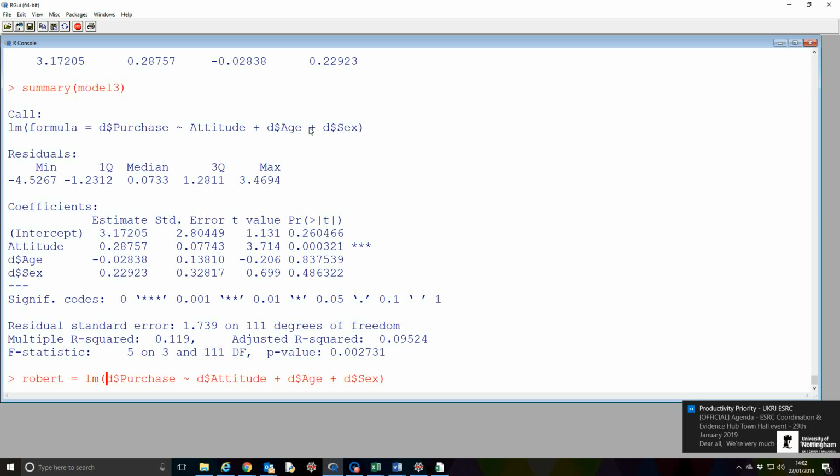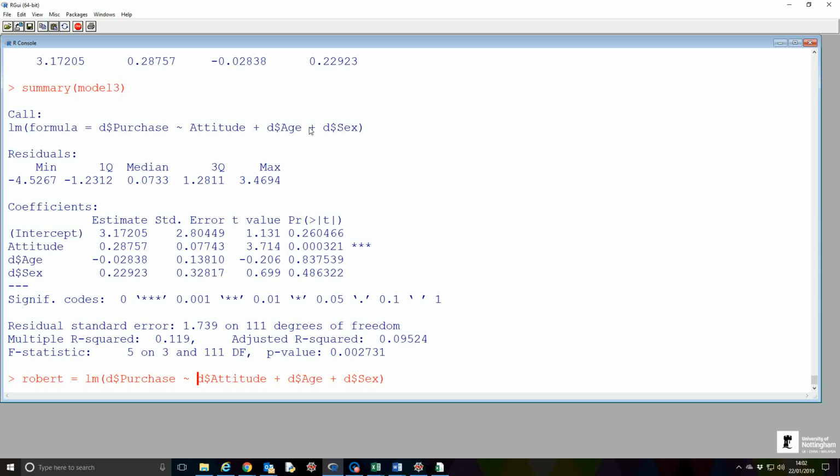What we're saying here is we want the variable purchase intention, and we want to measure how well it is predicted by or correlated to these independent variables. So DS purchase says find the purchase variable in the D object, and that variable is the dependent variable.